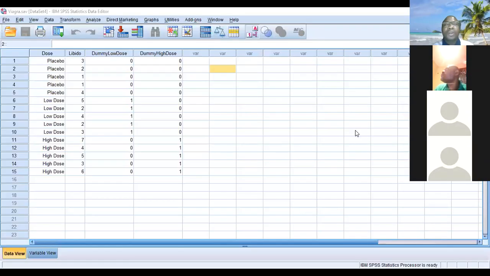Let me close the one I'm not using. This is median. Let me use this one.